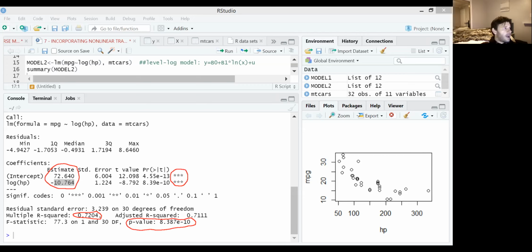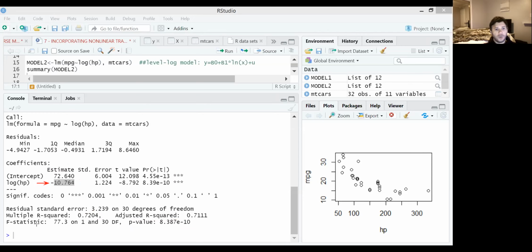Now, I want to spend just a moment here thinking about how we're going to interpret the horsepower coefficient now that we have it logged. Okay, so remember what we had discussed on that slide just a moment ago. We're going to have to take that beta 1 value and divide it by 100. So 10.764 divided by 100 is going to give us 0.1764.